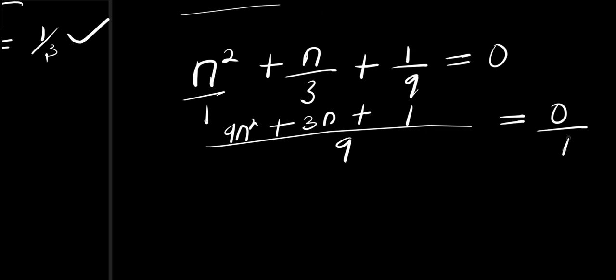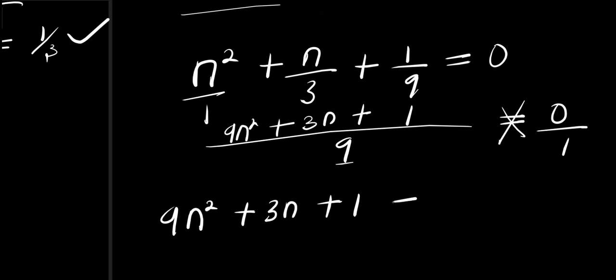Equals 0. This over 1. So we cross multiply. 9 times 0, 0. This multiplies 1, we have 9n squared plus 3n plus 1 equals 0.